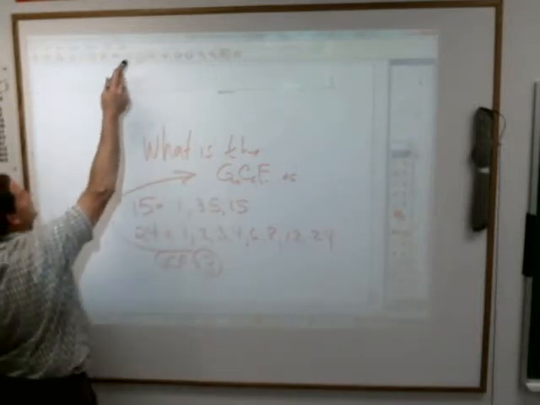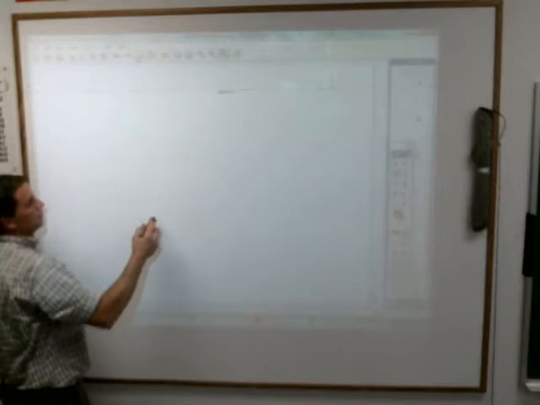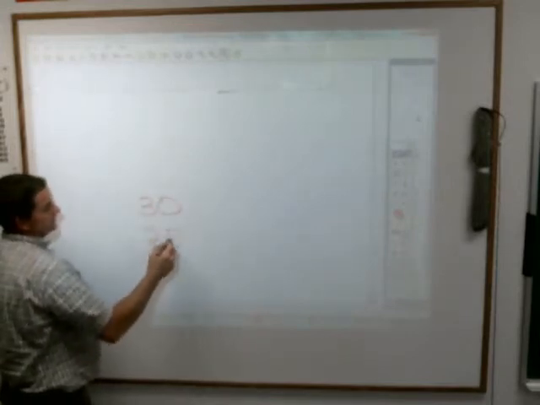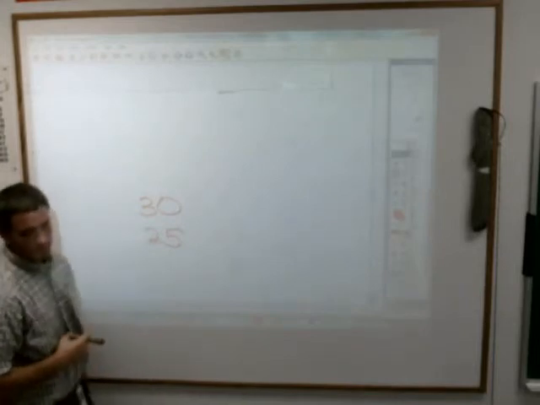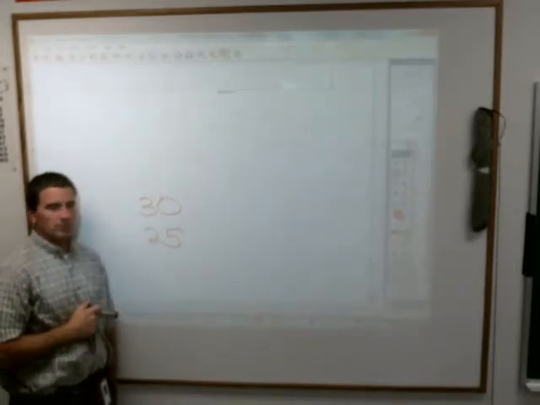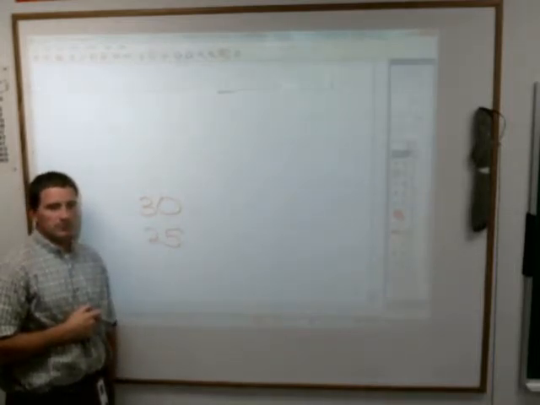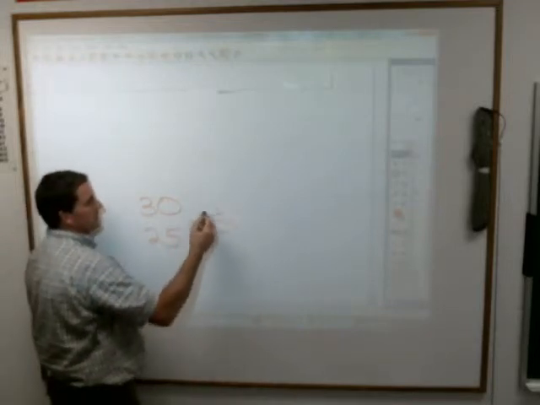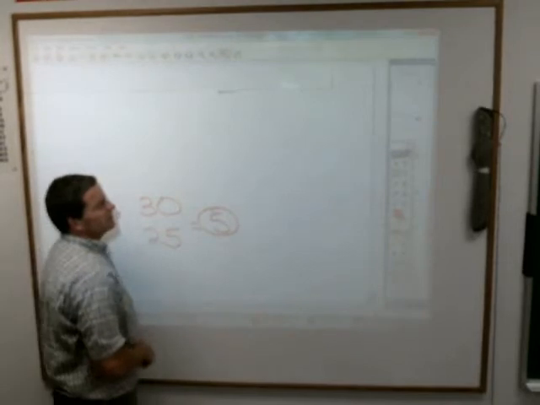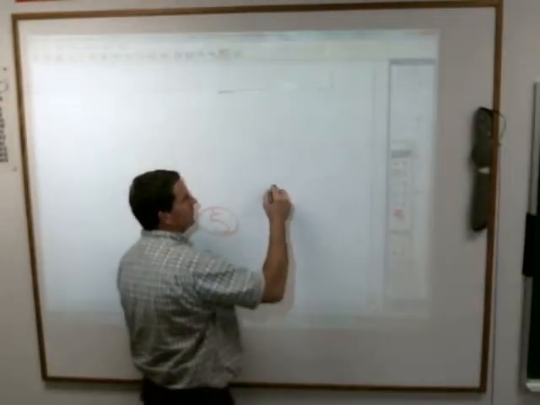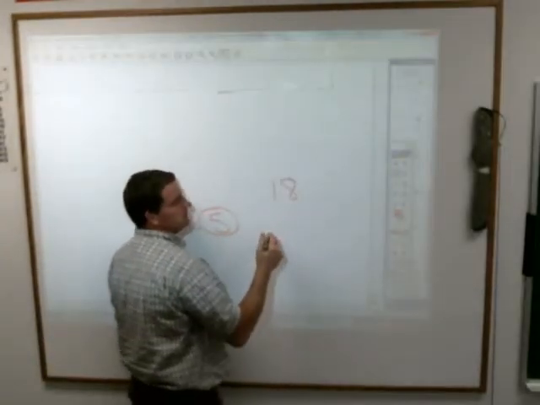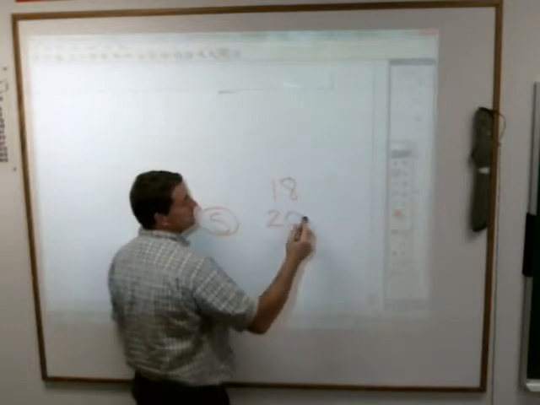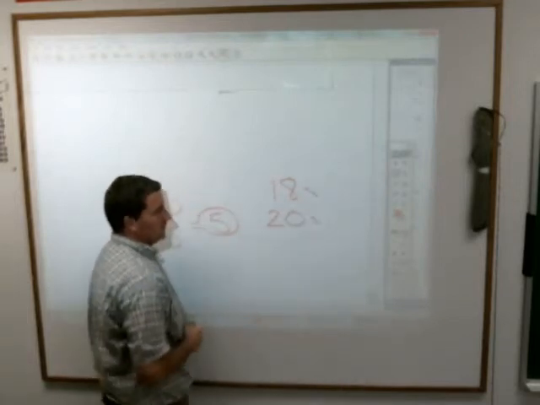What about, I don't know, 30 and 25? Greatest common factor? Sammy, can you tell me without much ado? 5. Greatest common factor is 5. What about 18 and 20? Greatest common factor of 18 and 20.